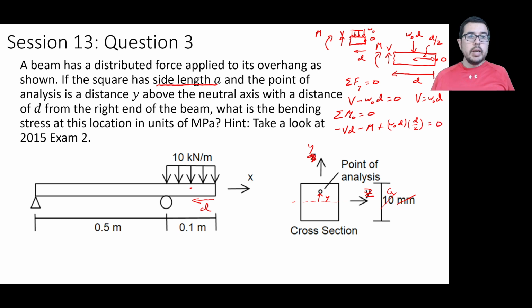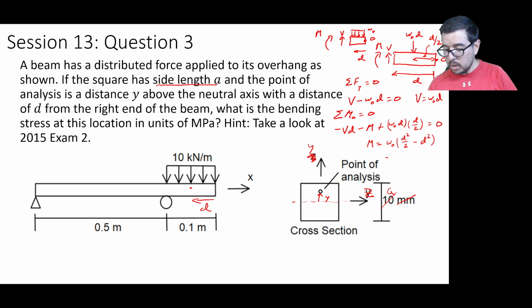So when we rearrange things, we can calculate out what M is. So M is going to be equal to this quantity W naught. We had a D squared over 2, and then we had the V plugged in, right? So we're going to have a D squared over 2 minus D squared.